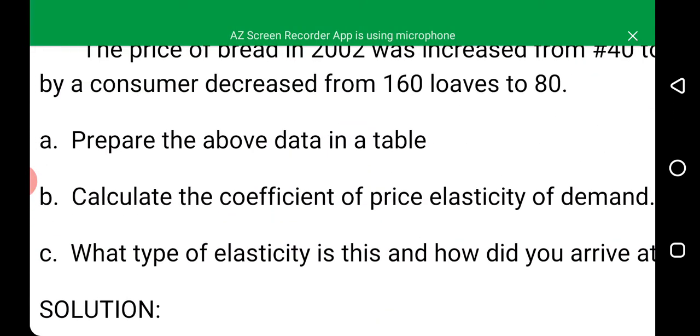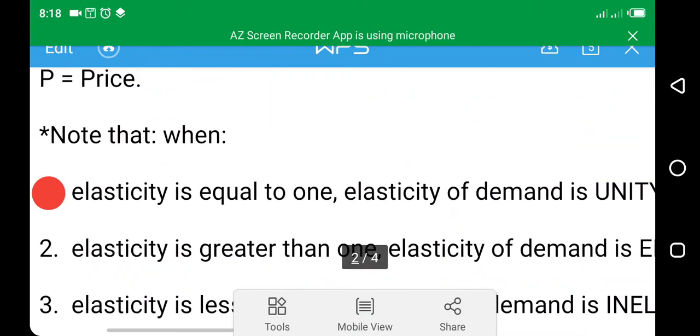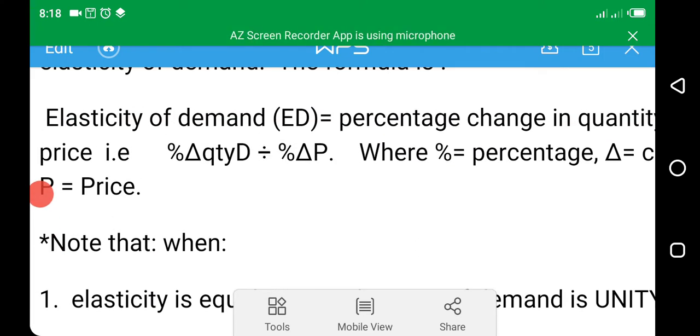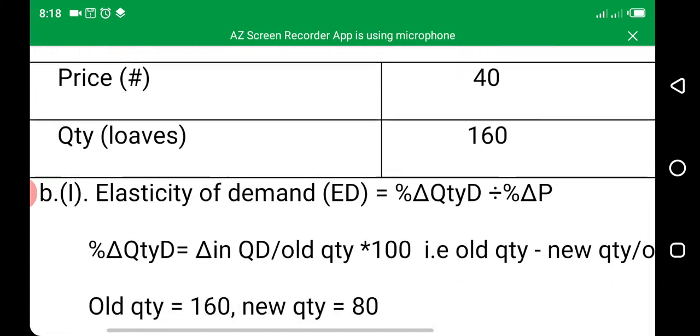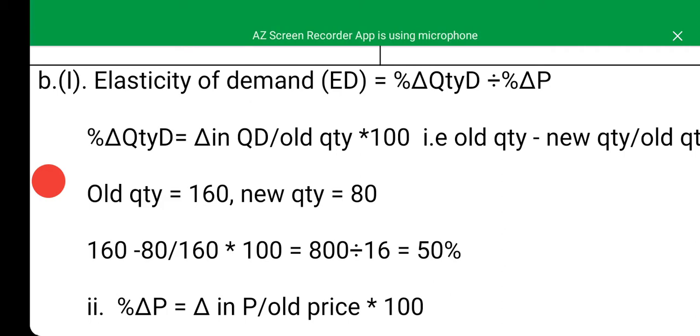ED is equal to percentage change in quantity demanded all over percentage change in price. In this case, we will have to find the value of the percentage change in quantity demanded first, and this one has its own formula too. Percentage change in price has its own formula as well. So we will take them separately.